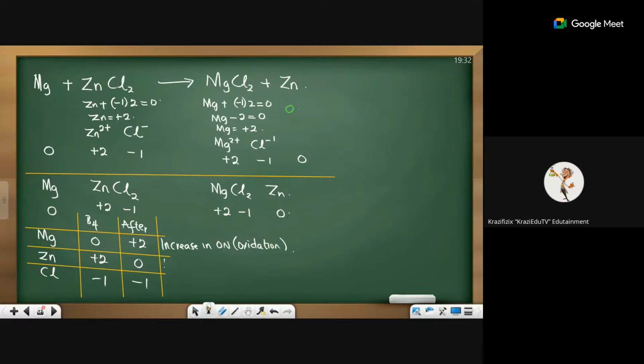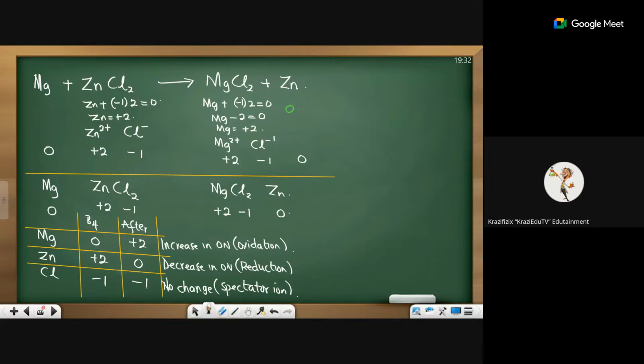What about here? There's a decrease in oxidation what? Number. What is that? Reduction. What's happened here? No change. Known as a spectator ion. Has no change.